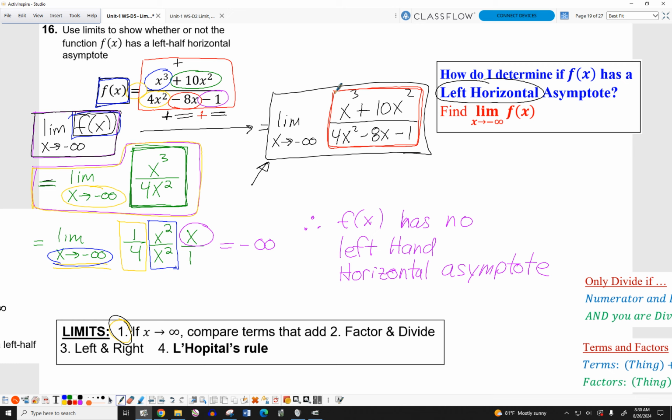Perfect. Only if x is becoming more and more positive forever, or more and more negative forever, is the comparison idea valid. We have to, of course, do the comparison correctly, but this comparison idea is only valid in those two cases. If we're finding the limit as x approaches 1 trillion, this doesn't apply anymore because x isn't growing forever. Did you hear the difference?